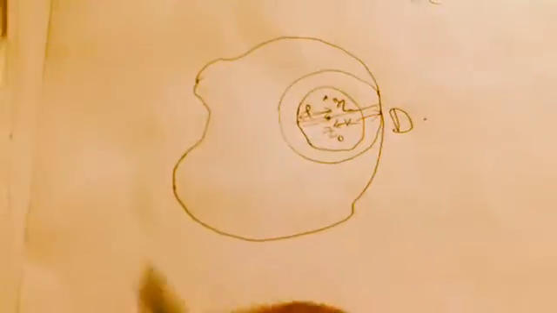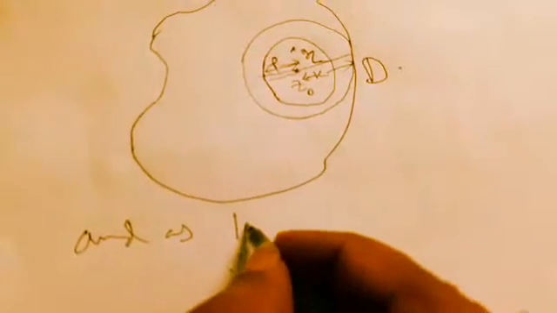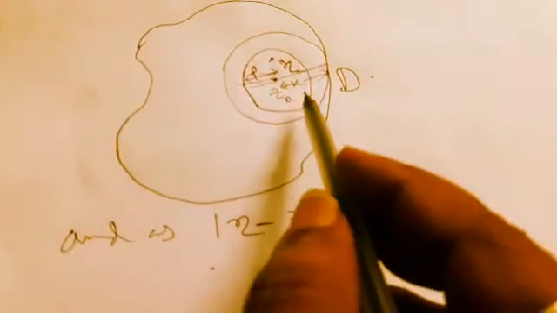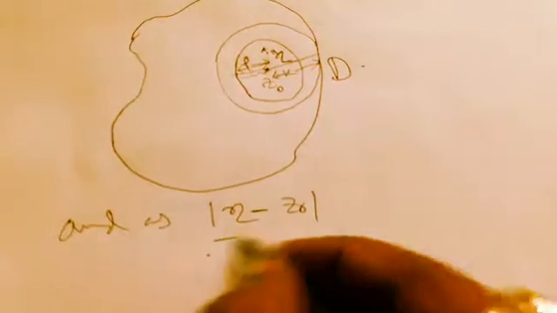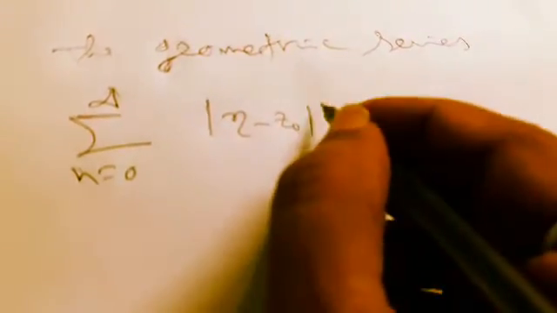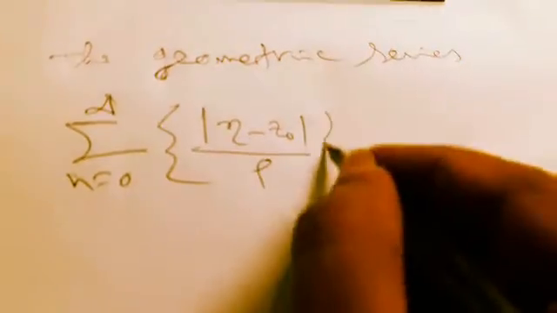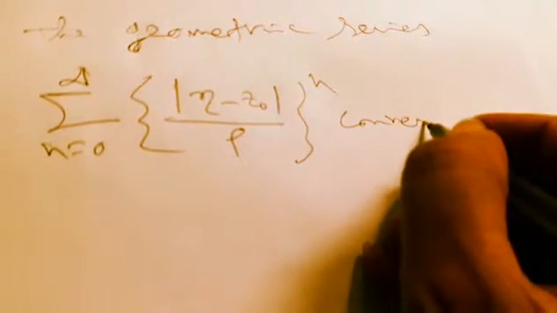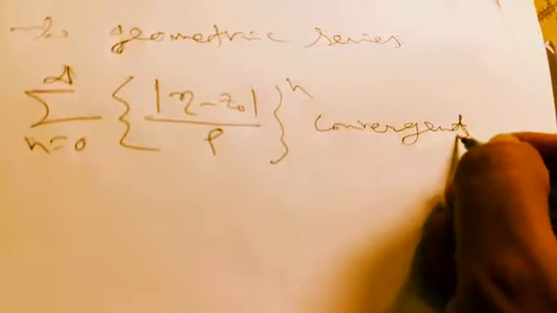Now, as we know, mod of eta minus z0 by rho is certainly less than 1, and the geometric series, the summation n equals 0 to infinity of mod of eta minus z0 by rho whole to the power n, converges, as it is a GP series.